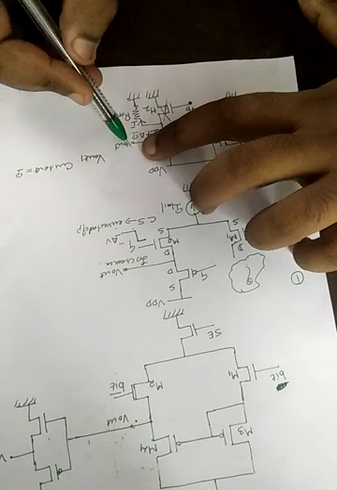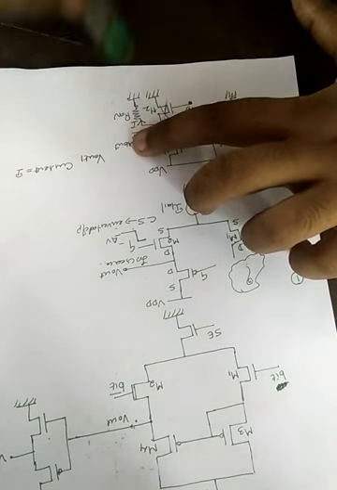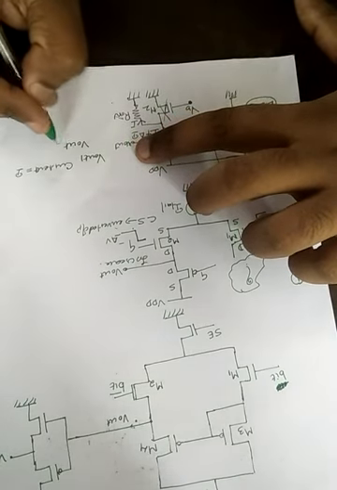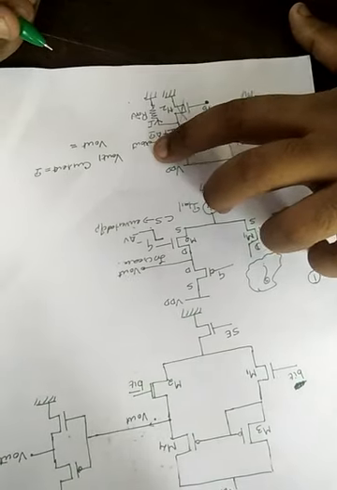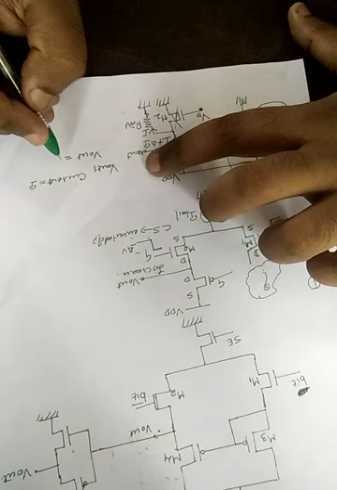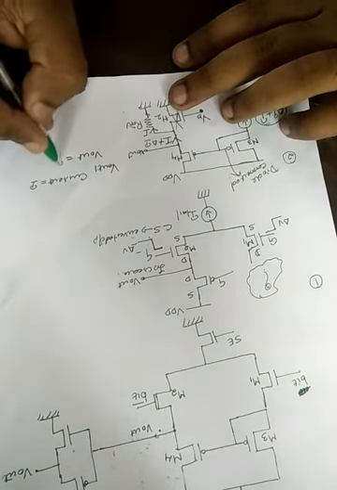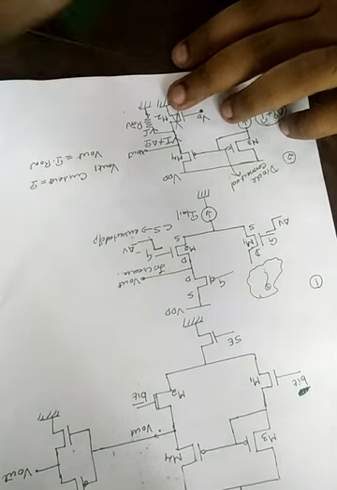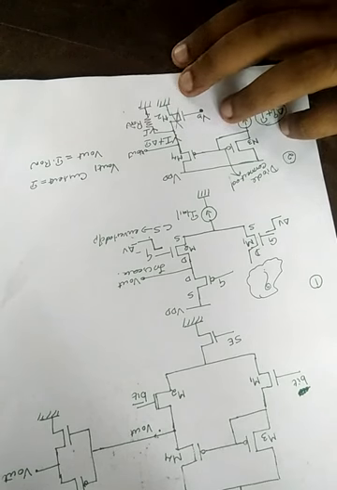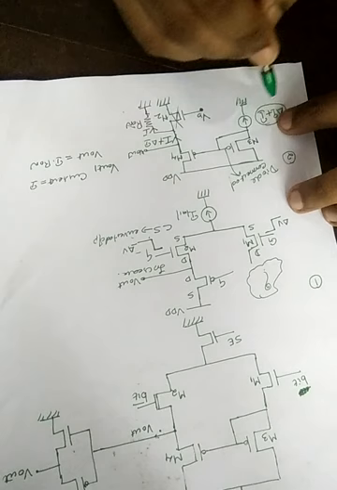Output means the voltage between these two terminals of this transistor. So what will be your V out in this case? V out is equal to, basic Ohm's law, resistance times current. What is the current flowing through this resistor? That is I into R ohm.